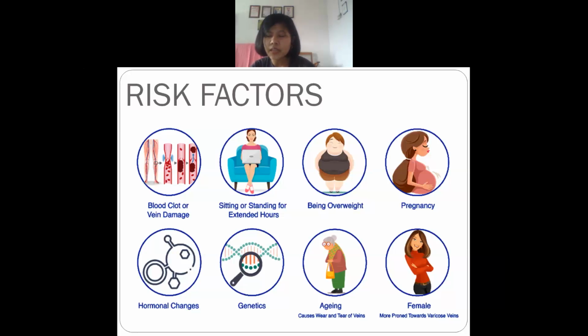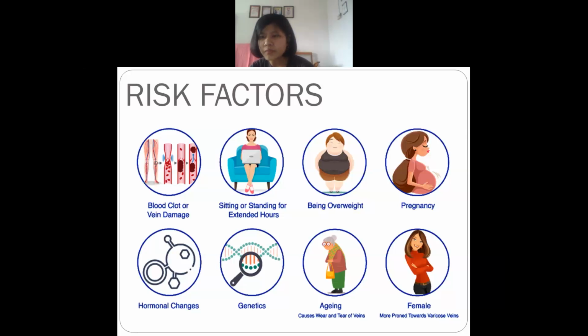Next is aging, elderly people. Why? Because they are already old, their veins usually get weak, and sometimes they tear also. That's why it will lead to varicose vein.